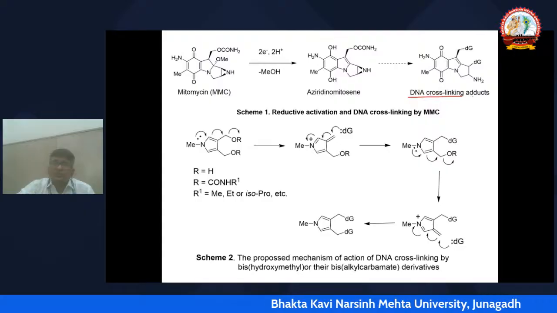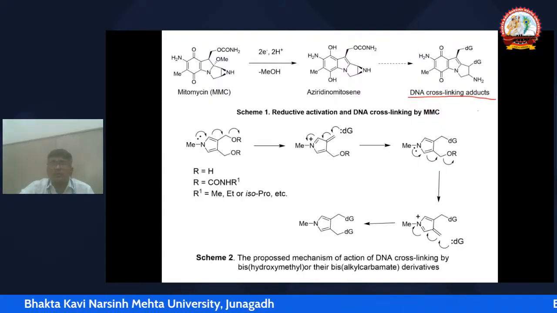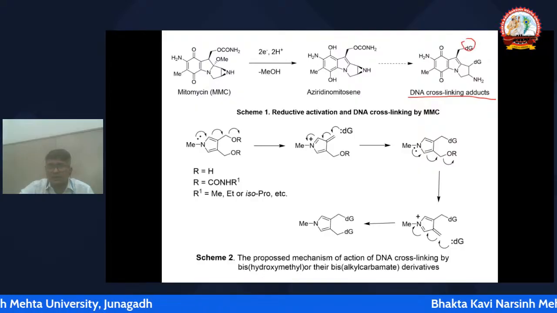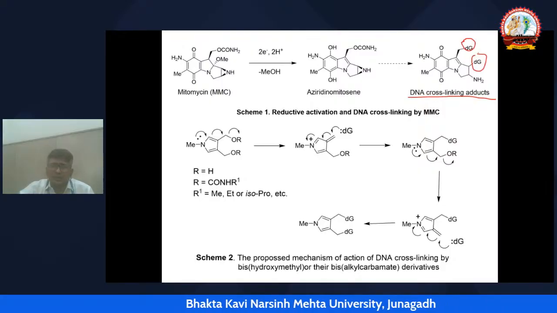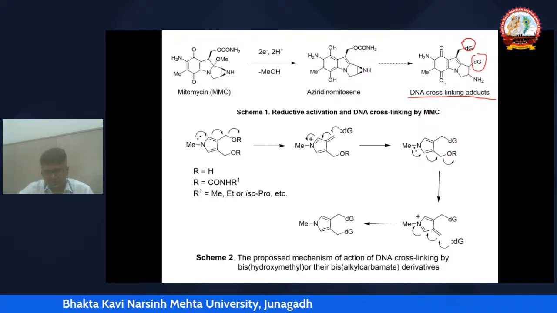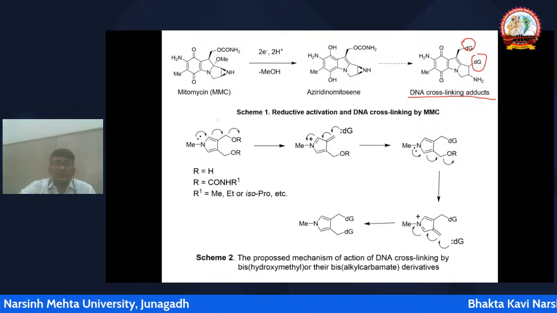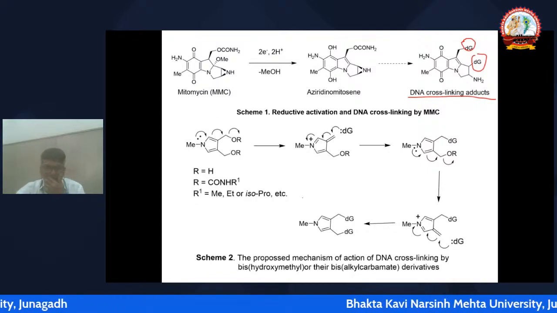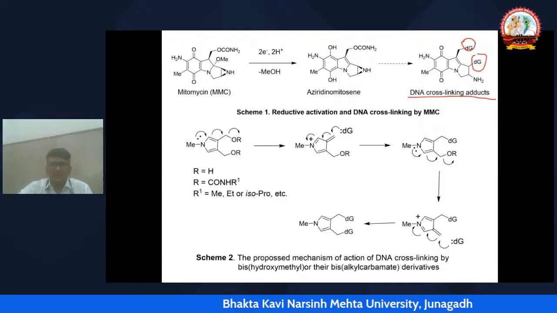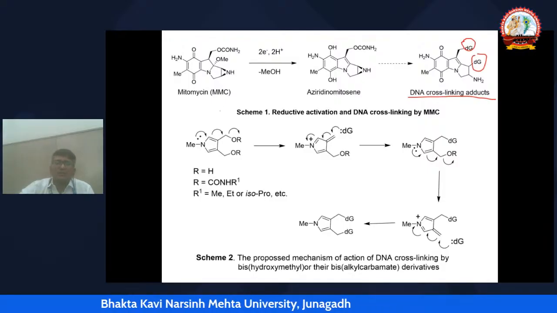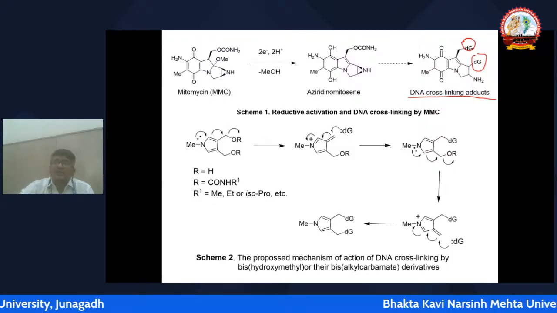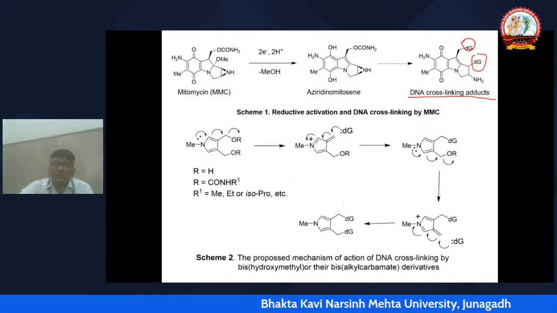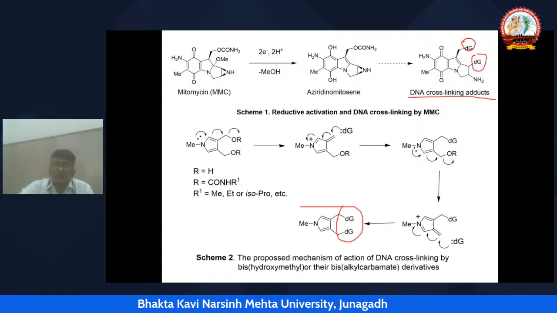This can be DNA cross-linking, intrastrand or interstrand. So the reported proposed mechanism for DNA cross-linking of these bis-hydroxymethyl compounds is that when they interact with DNA, they bind with our compounds.